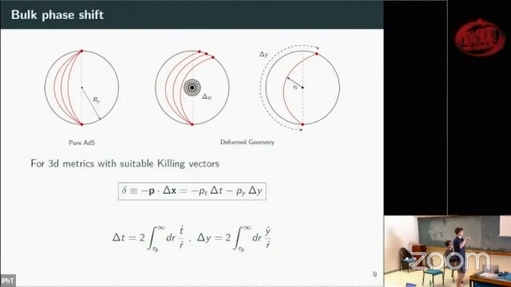So we can similarly define some stationary phase type quantity, some eikonal delta. Here delta t is this time delay, and we have some angular shift. The idea is that this can be trivially done in empty AdS, and some difference occurs when we fill the inside with some massive object, be it some classical black hole, some conical defect, or some microstate geometry. The difference in behaviors of this quantity between the different cases tells us something interesting.